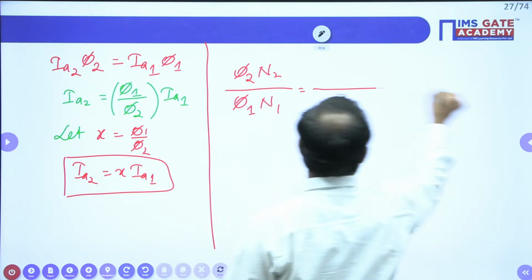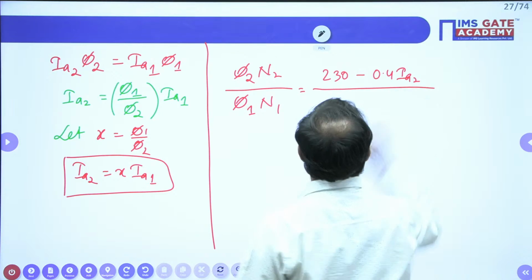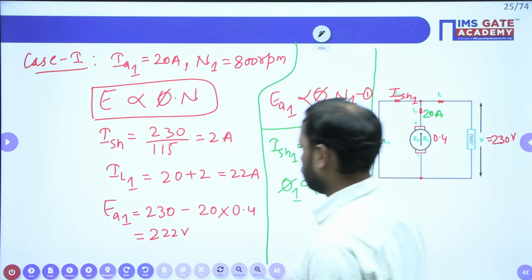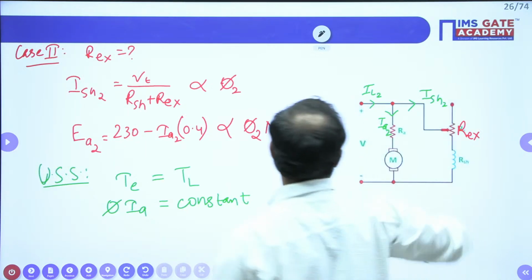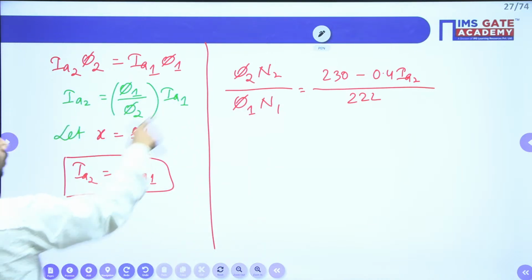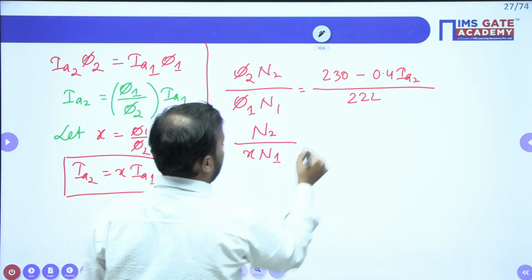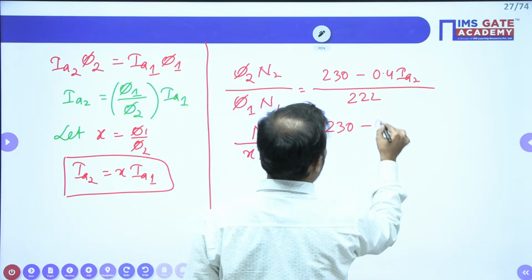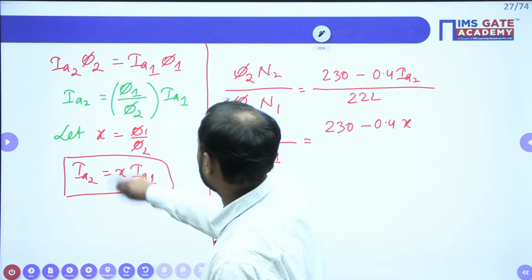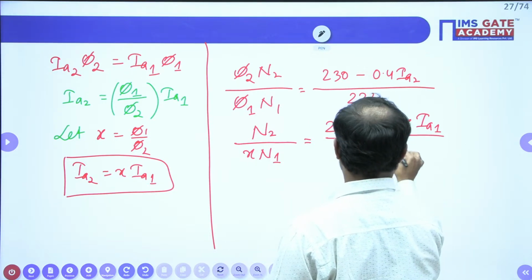This is equal to 230 minus 0.4 IA2, and EA1 is 222. Let me check. EA1 is 222. Done? So phi 2 by phi 1 will be 1 by x. This is equal to 230 minus 0.4 x times IA1, whole divided by 222.